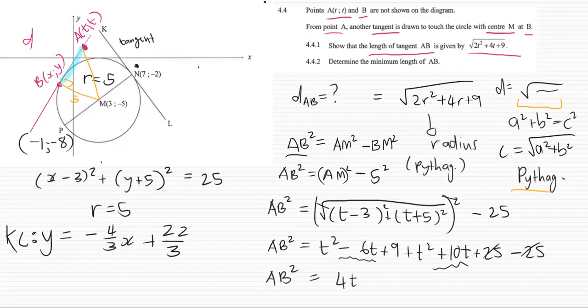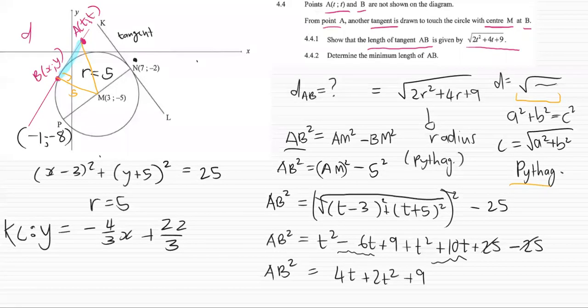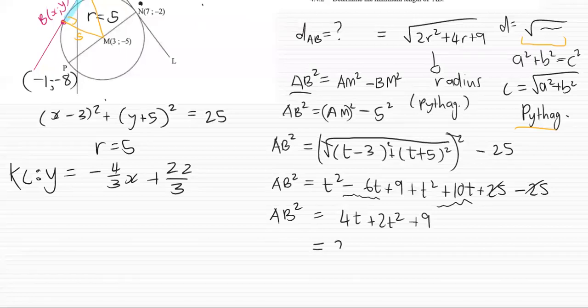Plus 2t squared. We really should have done the t squared term first. Plus 9. Let's just rearrange that into order. You always want your squared term first.